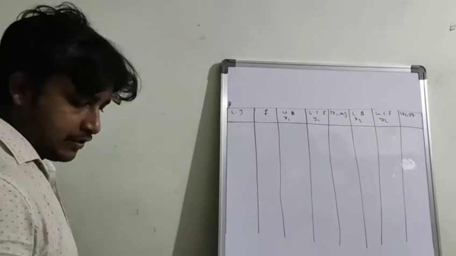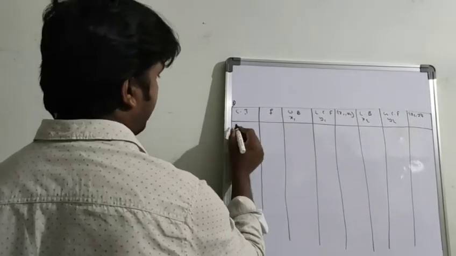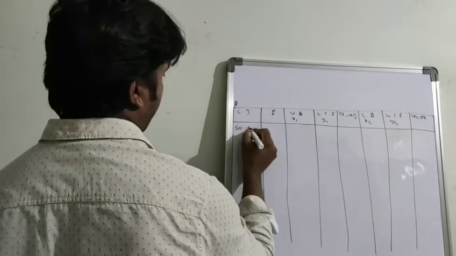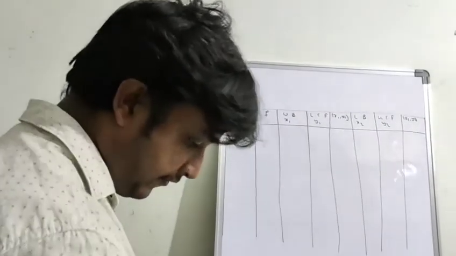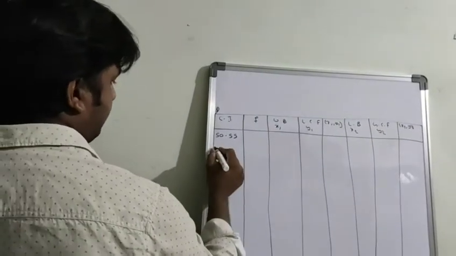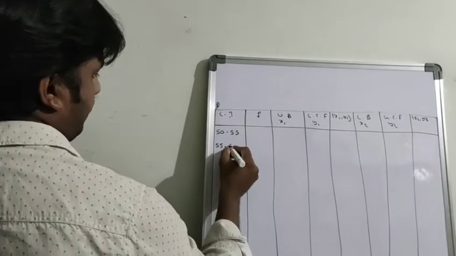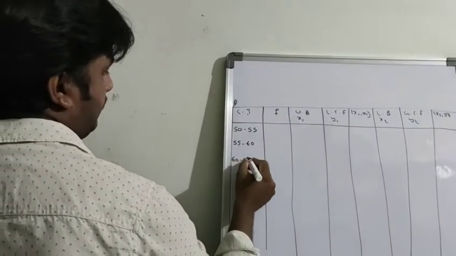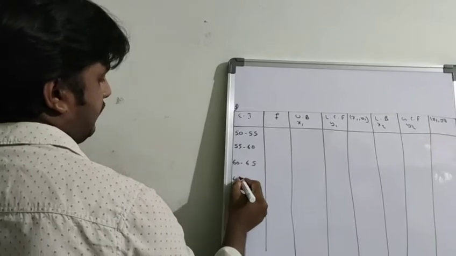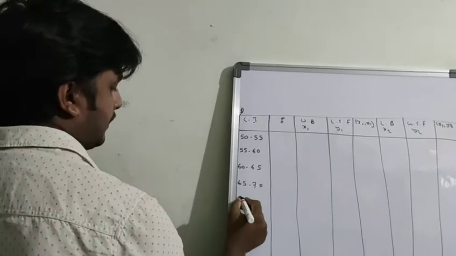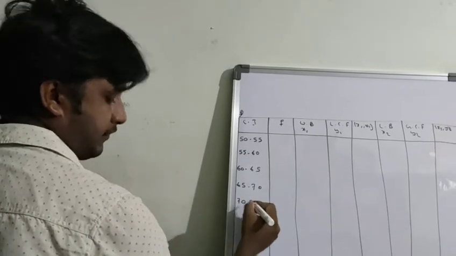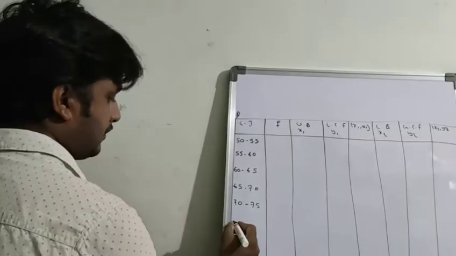Yes. So class intervals are 50 to 55, 55 to 60, 60 to 65, 65 to 70, 70 to 75, and 75 to 80.